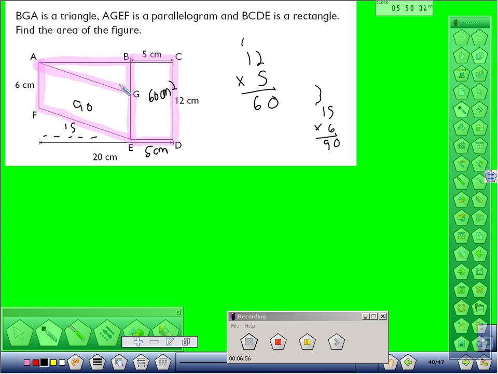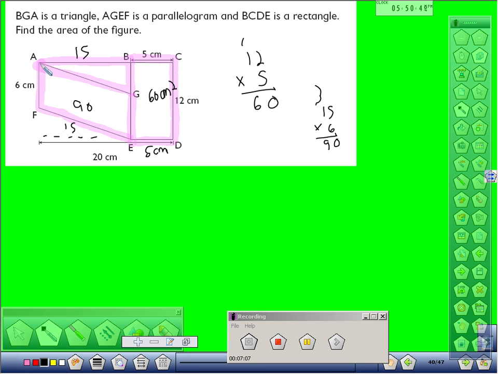Now we can do this triangle. Oh, but how can I find the triangle? Well, we already know 20 for the whole thing, so we know this has got to be 15. But how can we find this part right here? We know this whole piece is 12.